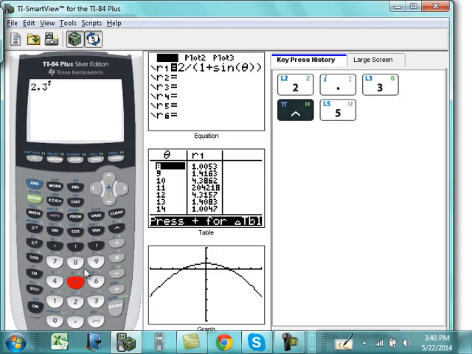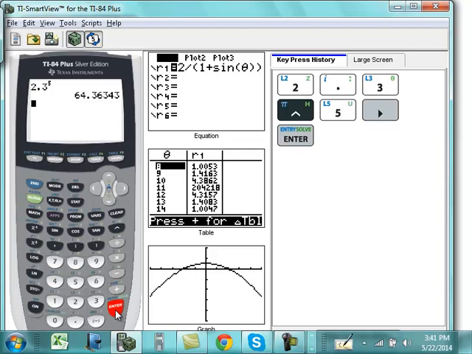And by the way, on these newer versions of the TI-84 Plus, when you do the exponent, you have to hit the right arrow to get out of the exponent mode. Then execute. So that's how you do exponents on your calculator.